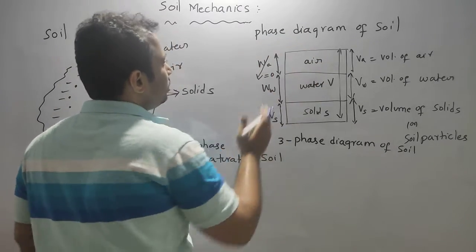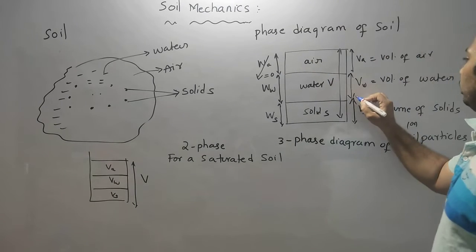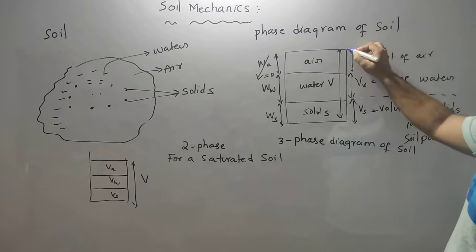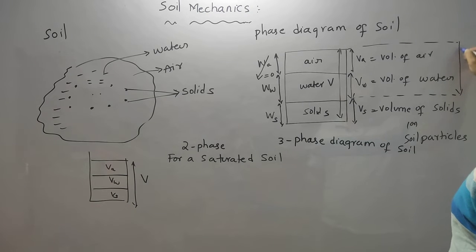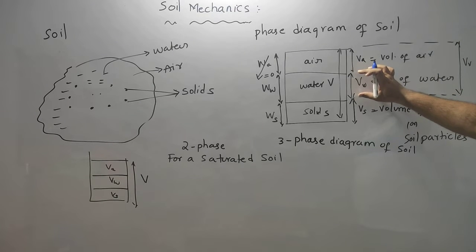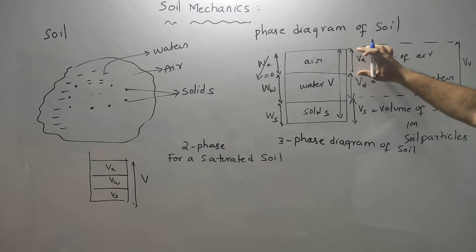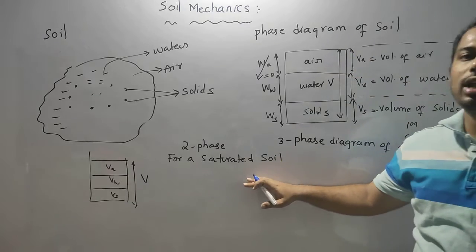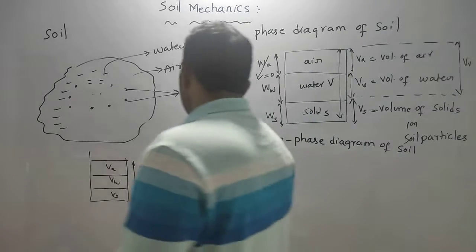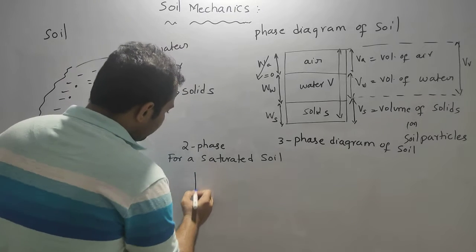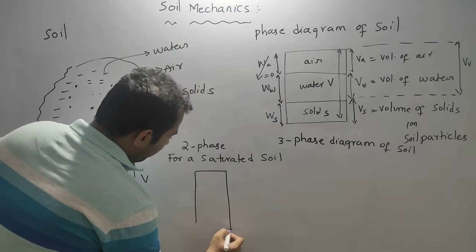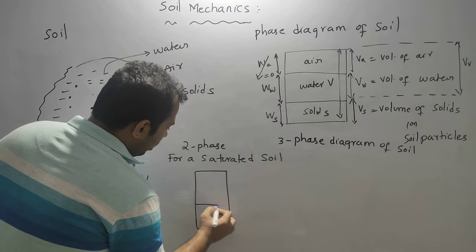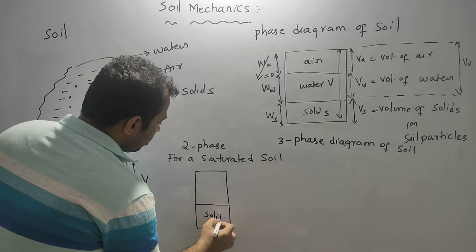Total voids: see here, this is the volume of voids. Some voids are taken by water, some voids are taken by air. So if there is no air, and the voids are completely filled with water, then we call that soil saturated soil. The phase diagram for a saturated soil will be like this. There will be only solids and water.